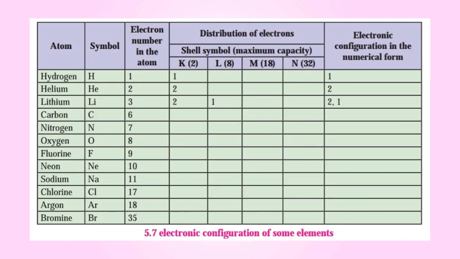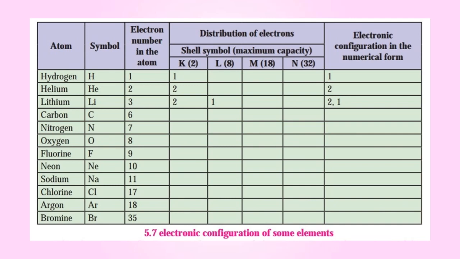In our textbook, page number 33, we have this table. Let's try to solve it, students. We have the columns for atom, symbol, electron number in the atom, distribution of electrons, and electronic configuration in the numerical form.